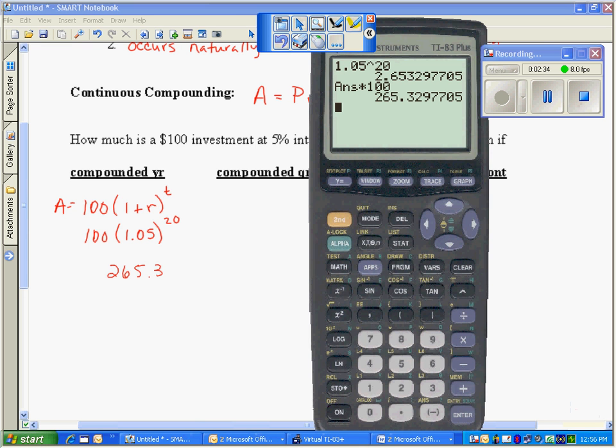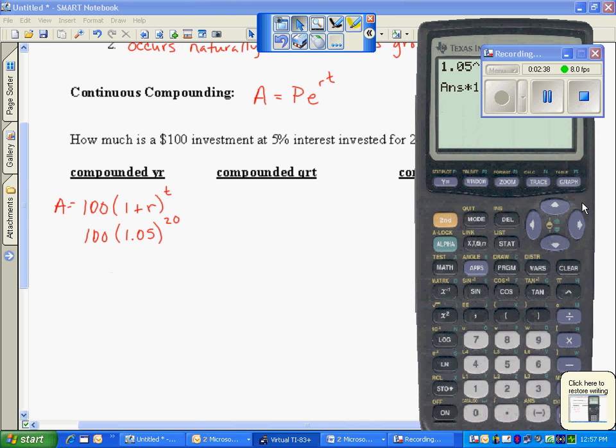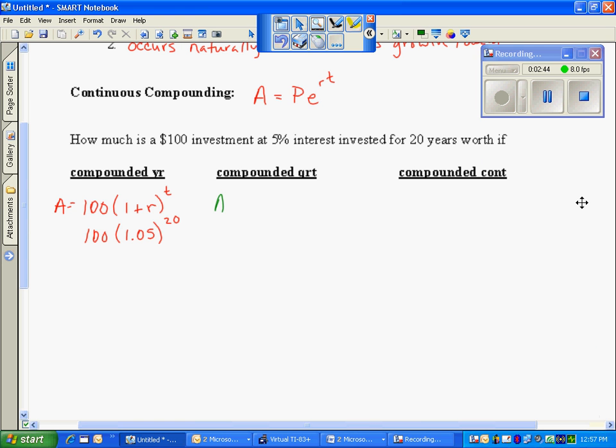$265.33. Now, if I'm going to compound quarterly, it's a little bit different story. I get interest on the interest. So again, I'm looking for the amount after I start with $100, 1 plus my rate divided by n, where n is equal to the number of compounds.